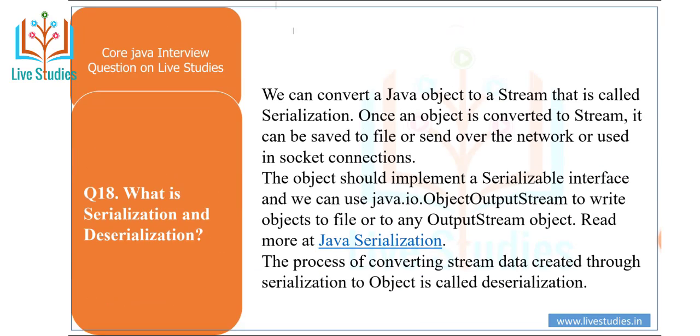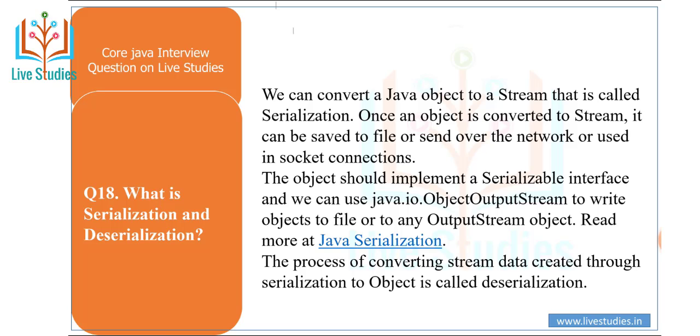What is serialization and deserialization? We can convert a Java object to a stream, and that is called serialization. Once an object is converted to a stream, it can be saved to a file, sent over the network, or used in a socket connection. The object should implement the Serializable interface, and we can use java.io.ObjectOutputStream to write objects to a file or to any output stream.